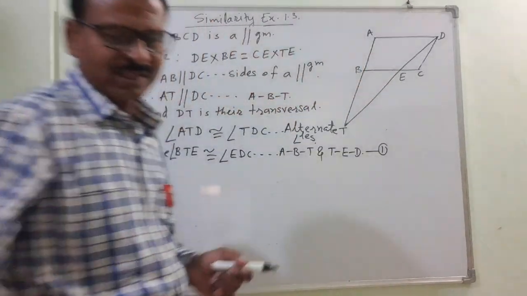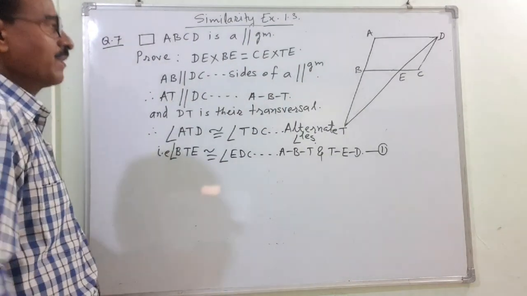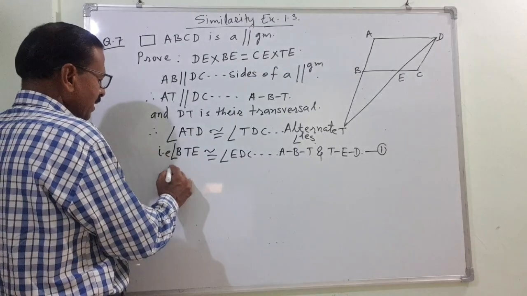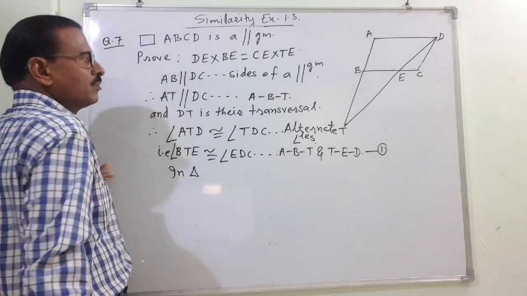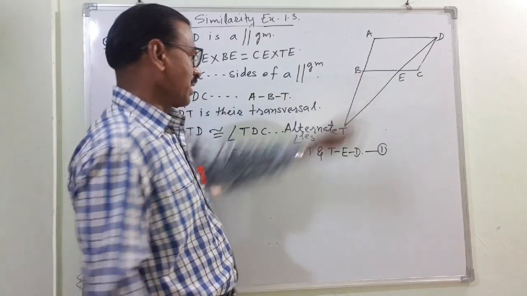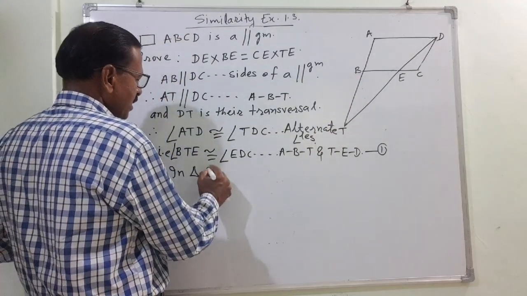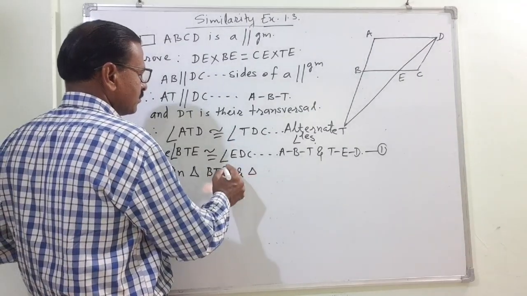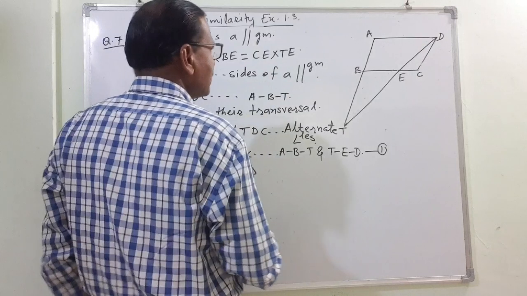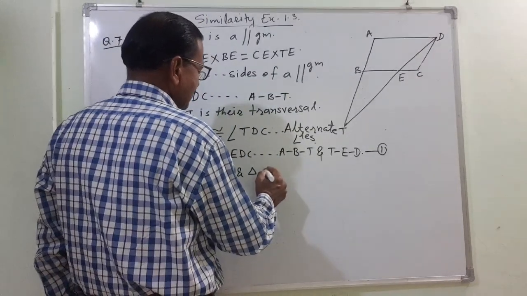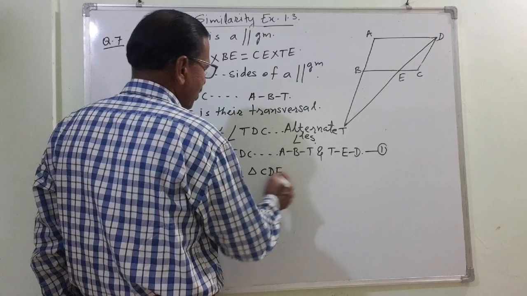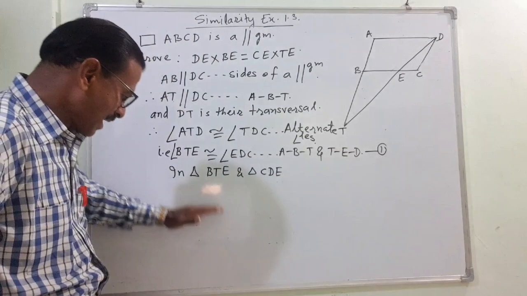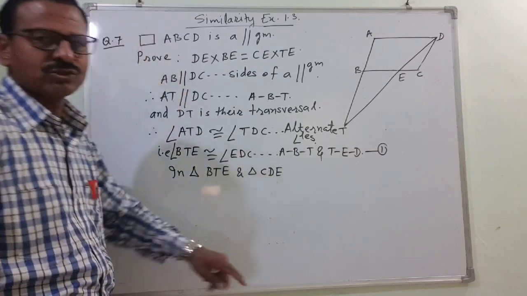Now, these angles are the same, which I have proved. Now I will consider the triangles. In triangle BTE and triangle CDE, whatever name you want at this step, you can take. But when you are writing they are similar, the correspondence should be proper.